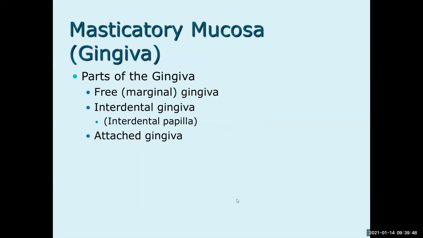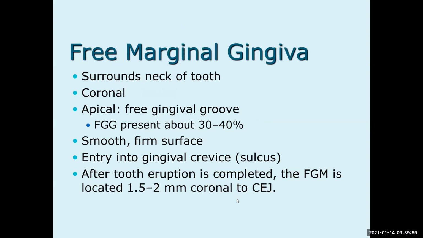So we've got the parts of gingiva. We've got the free gingiva, interdental gingiva, and the attached gingiva. The free gingival margin surrounds the neck of the tooth. It's the most coronal aspect of the gingiva. Apically to that, you've got your free gingival groove. Now that free gingival groove is only seen in about 30 to 40% of the population.